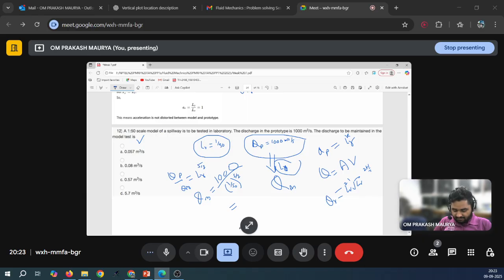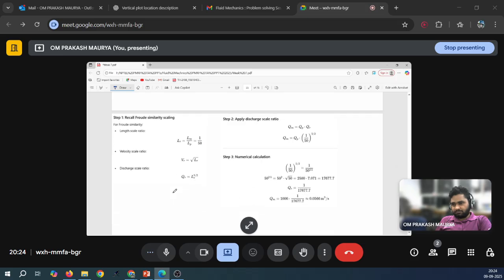Sometimes in a hurry you make a mistake. 1 divided by 50 is 0.02, so 1000 divided by 0.02 to the power 2.5.